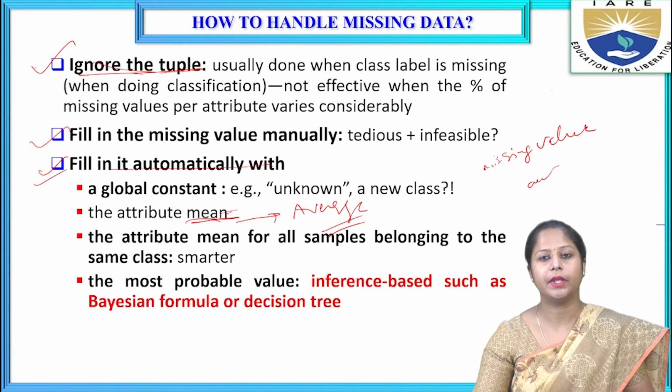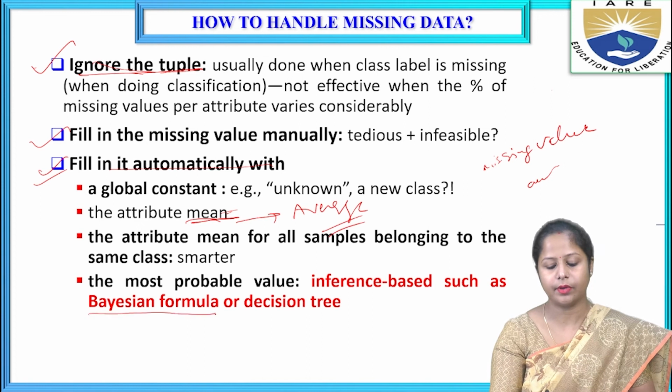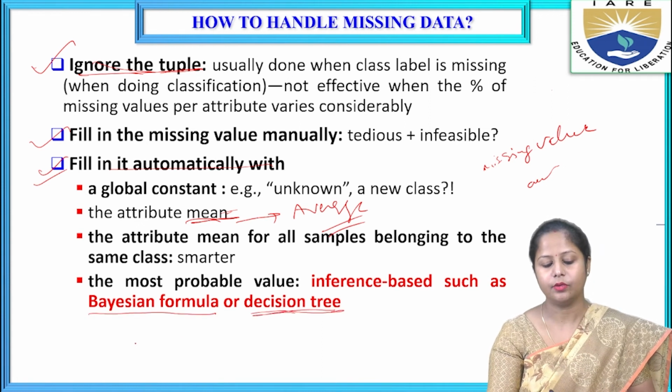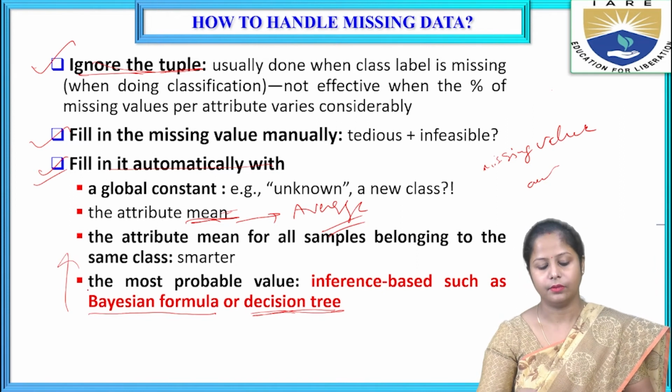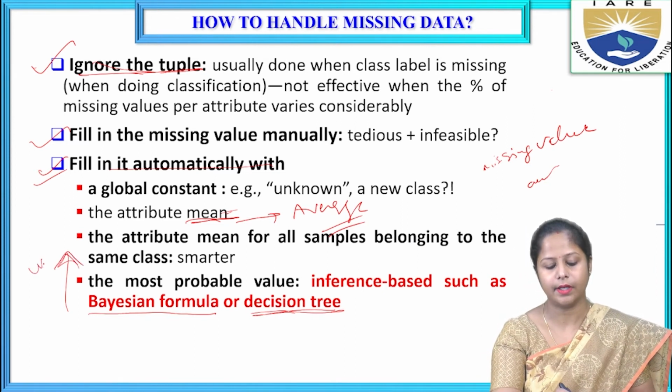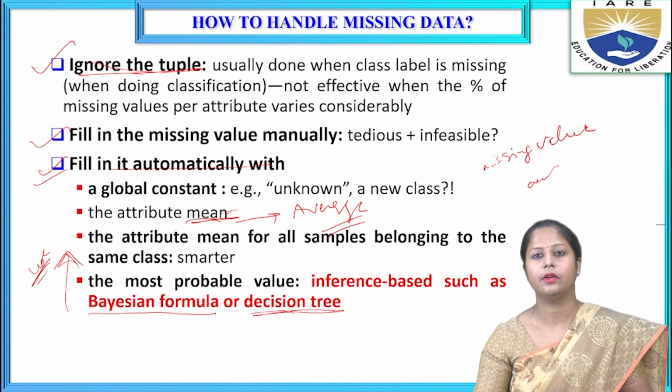That is, there are some inference-based methods, such as Bayesian formula or decision tree. So we will use that Bayesian formula and decision tree to fill that missing value, to use all the data.